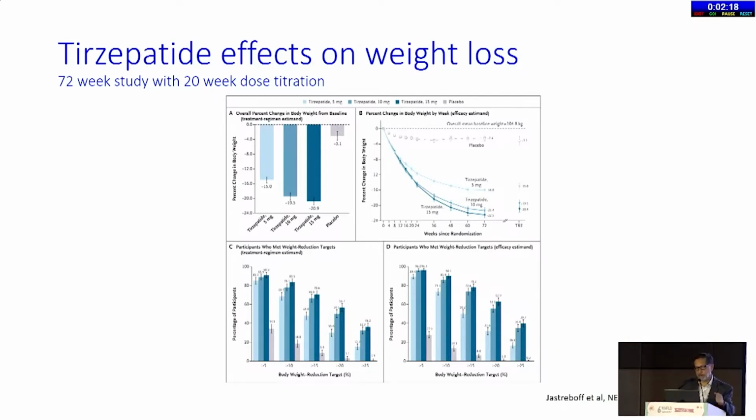And as you can see over here, the degree of weight loss is about 25% within 72 weeks. So we are really talking about bariatric level weight loss with tirzepatide, and in diabetes trials, dramatic improvement in liver enzymes, FIB4, and all the other markers of liver. And there's a phase 2 trial that is fully enrolled. We will report the results next year, this time with tirzepatide.